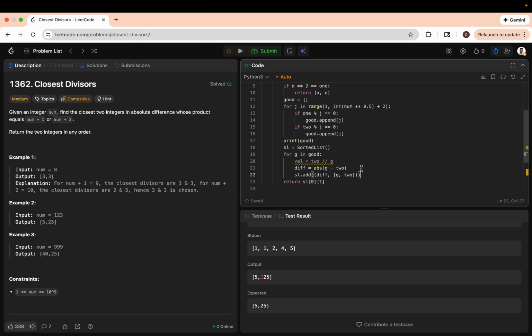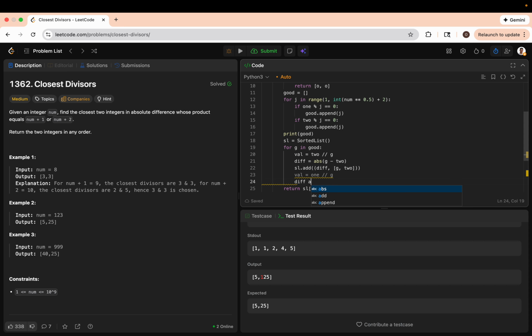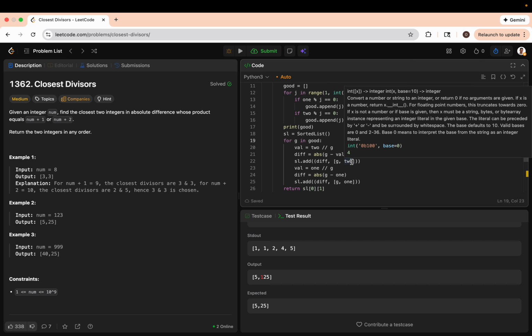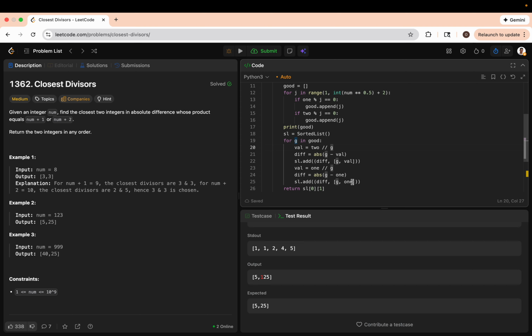And let's also do the same thing for one. So diff is the absolute value of g minus one over g. We're going to add diff, g and one over g. And the value, not g, not two itself, right?